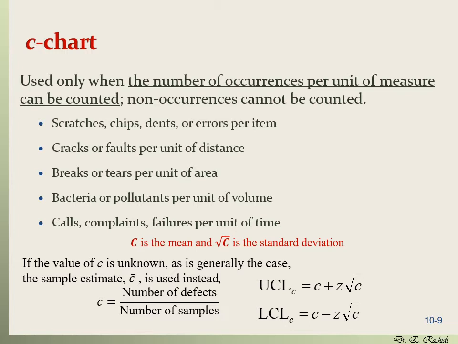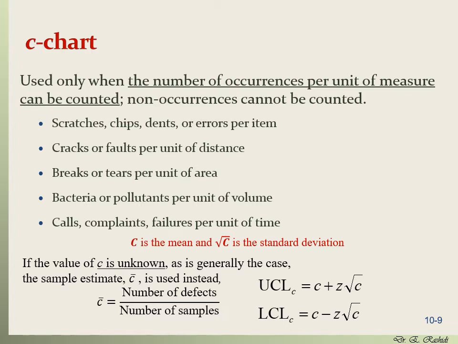For example, you could categorize products based on whether they are defective or not, and count the number of defective and the number of non-defective. But for C charts, you cannot count both categories.